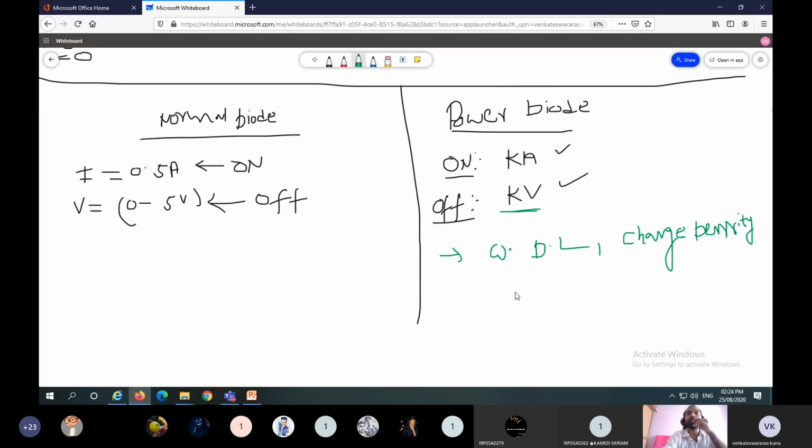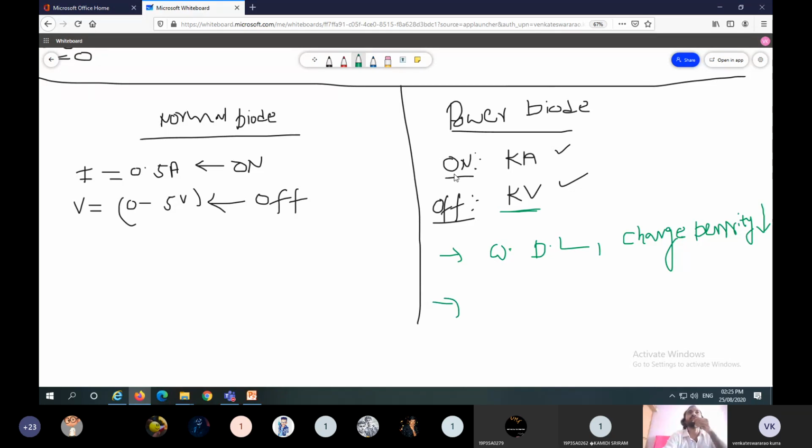So if you want to block a high amount of voltage, the width of the depletion layer should be more and the charge density must be less. Then only we can block very high voltage.